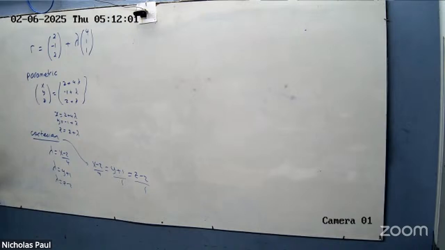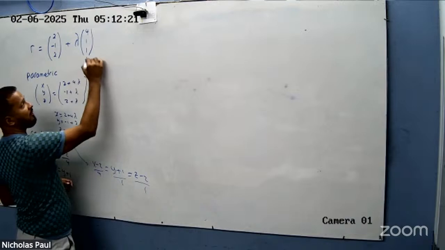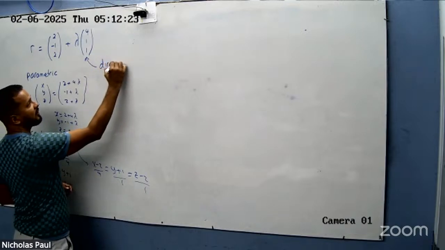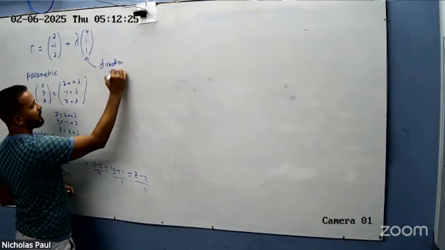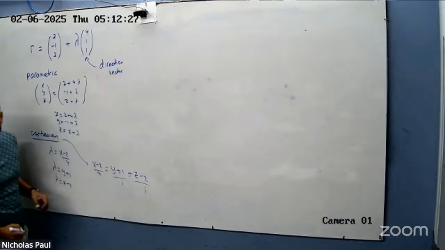If you look at the Cartesian form, how do you find the direction vector? By just looking at it. By the way, this is called the direction vector here, if you don't remember that from last week.